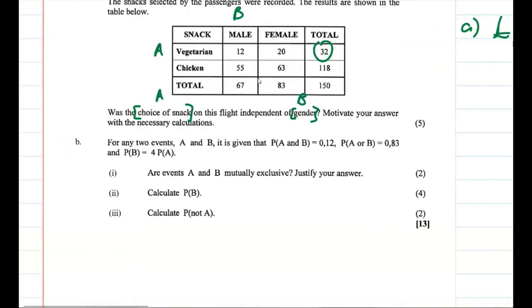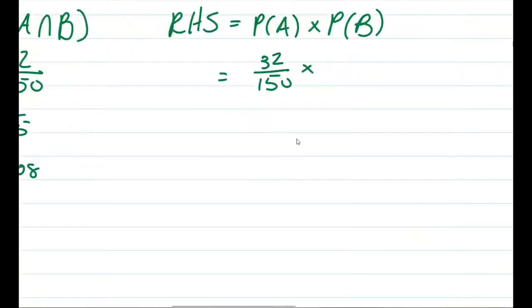And what's the probability that someone is male amongst all these people? 118. No, male, not eating chicken, sorry. 67. That's 67, fine. No worries. 67 over 150. All right, let's multiply those two with each other and see what we get.